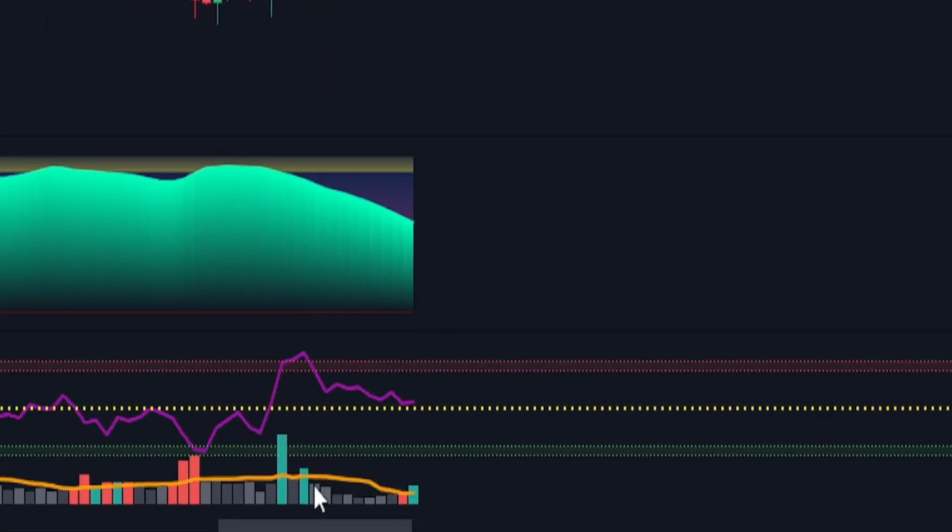Now that we have a gray bar, we will wait for the volume bars to go above the average line. When the volume bar is above this average line, the bar turns to either red or green color. We don't pay attention to the first bar that goes above the average line because this can still be affected by the prior flat market. We will focus on the second bar that goes above the orange line.